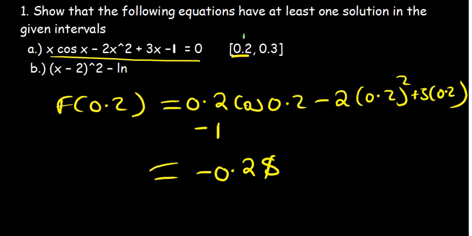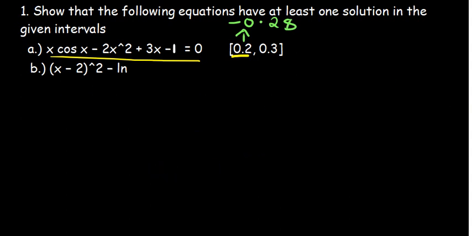Okay, so that value is giving me negative 0.28. So we can now also move to the other part, which is a function of what? A function of 0.3. So you will do the same. Just change where there was 0.2.